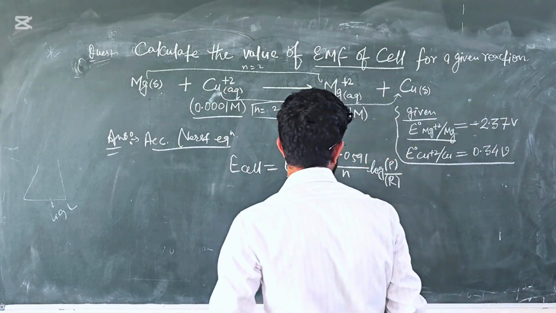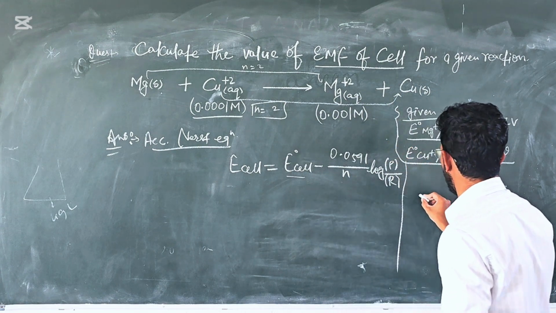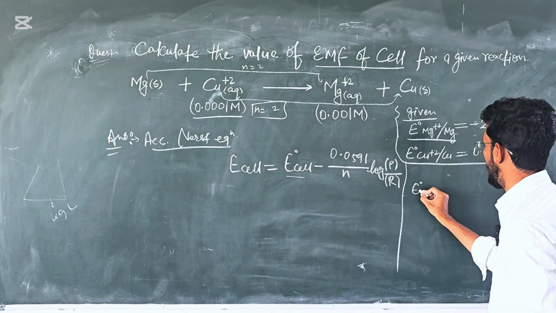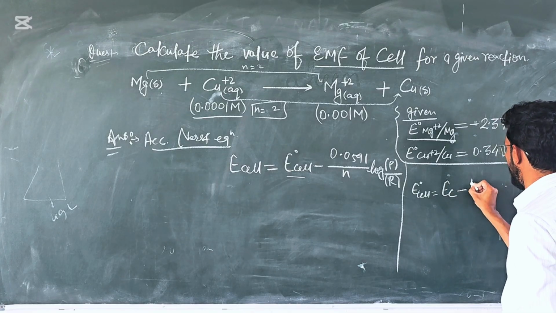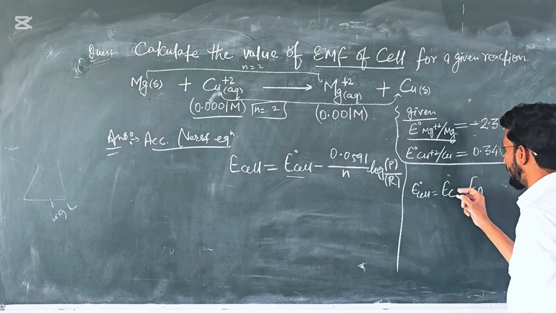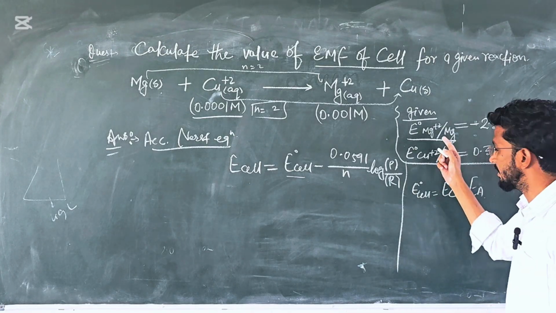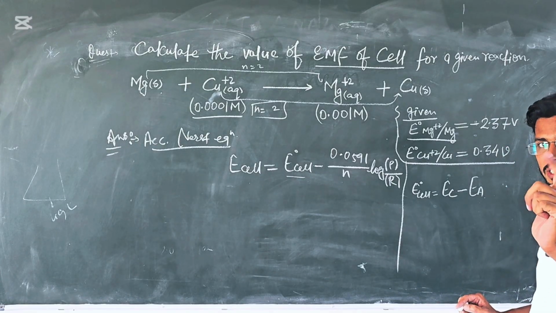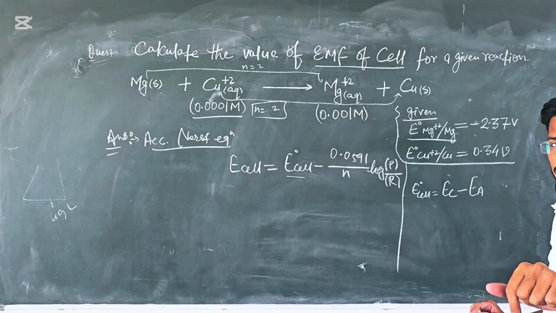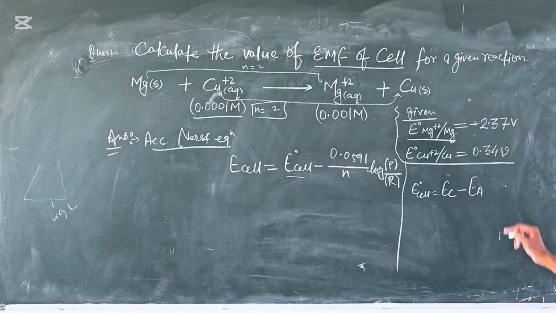E naught cell is equal to E cathode minus E anode. How can we identify which one is cathode and which one is anode? The higher the reduction potential, that will be the cathode, and the lower reduction potential will be the anode.